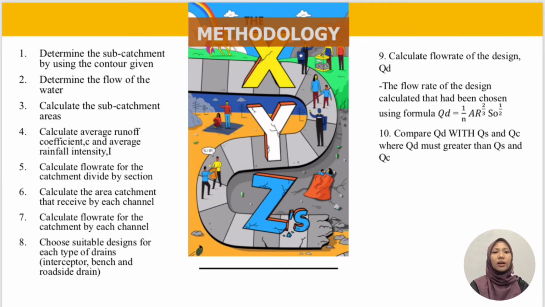The average runoff coefficient is estimated by C average equal to sum of AC over sum of A, where A is area of segment.